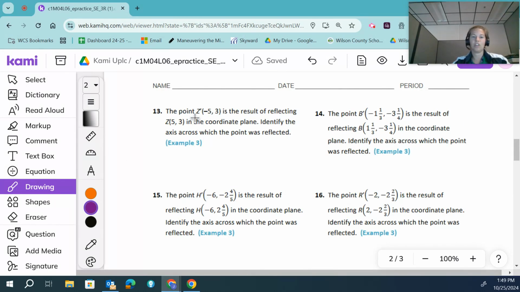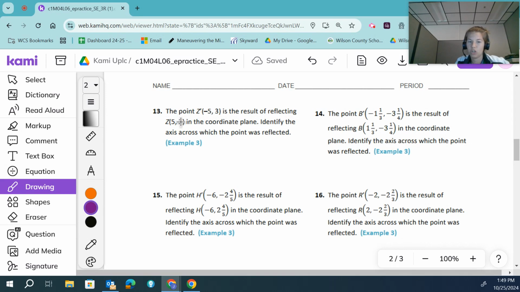Then let's take a look here. This says the point Z prime, which just means the reflected point. The little apostrophe there means it's the second one, so it was reflected. The point Z prime is at negative 5, 3 as the result of reflecting.